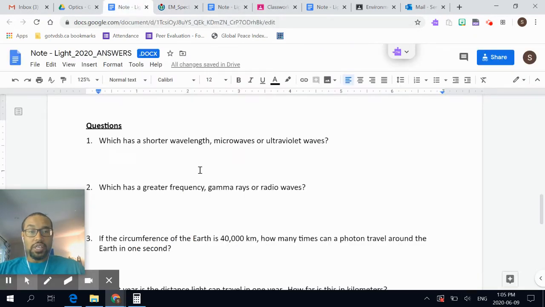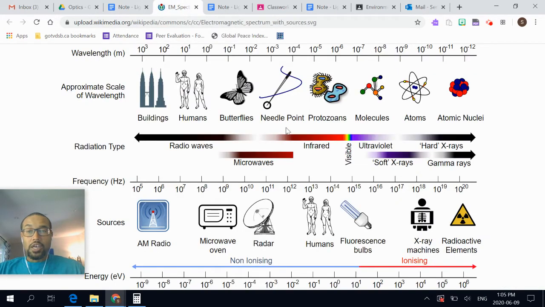The question asked me microwaves versus ultraviolet waves, which one has the shorter wavelength? Well, let's take a look. So we have microwaves right about here with a wavelength of anywhere from maybe about 10 to the negative 1 to maybe 10 to the negative 4, or just a little bit less than that. So that's the range of microwaves. Ultraviolet is way over here.